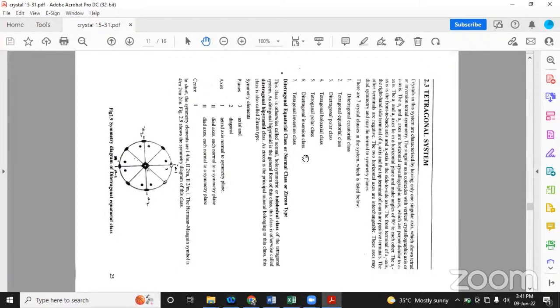You can discuss how the mineral indices work and how the minerals are forming. When you look through the polarizing microscope, you can observe the mineral indices. Based on the mineral indices only, you can identify the crystal name.